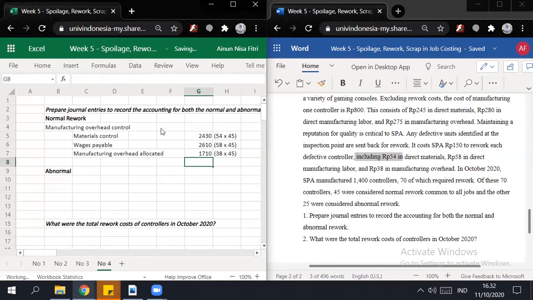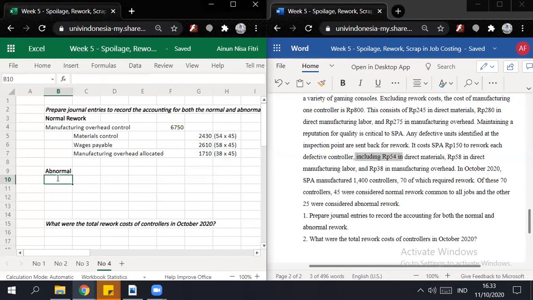And then manufacturing overhead control is the sum of materials control, wages payable, and manufacturing overhead allocated. So it is 6,750. Okay, that's for the normal rework.